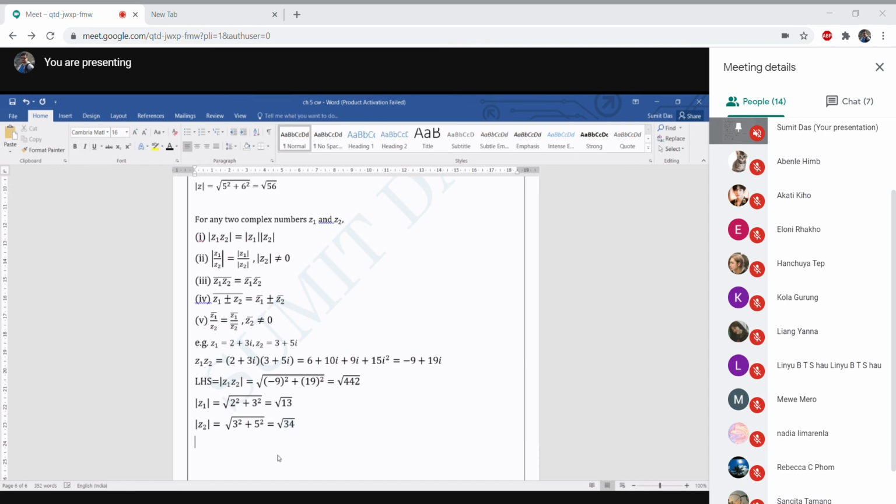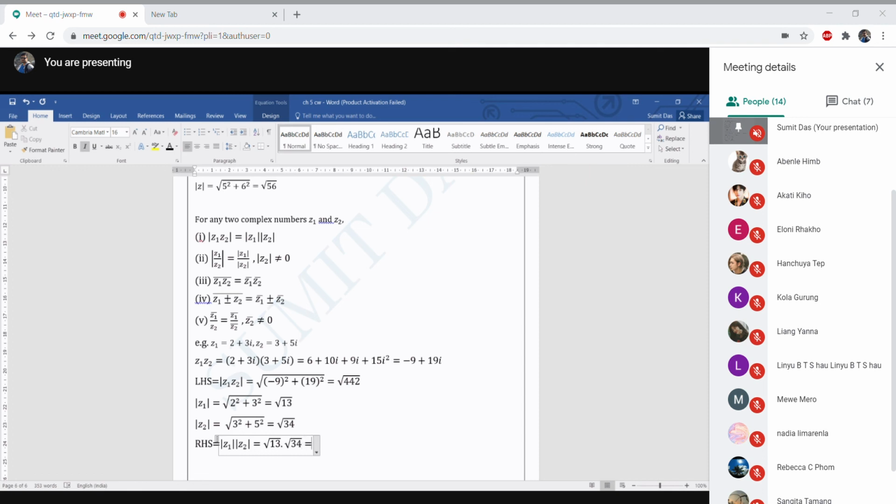Okay. Now the right hand side, this one. Right hand side equals root over z1, the value is 13, and root over z2, that is 34.